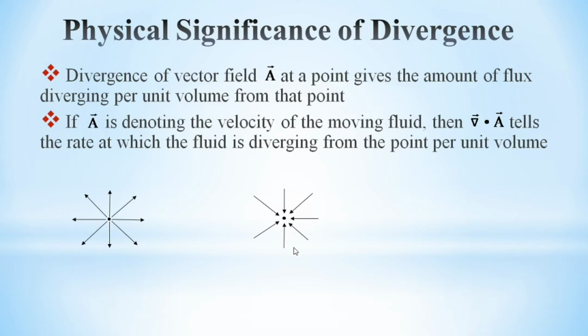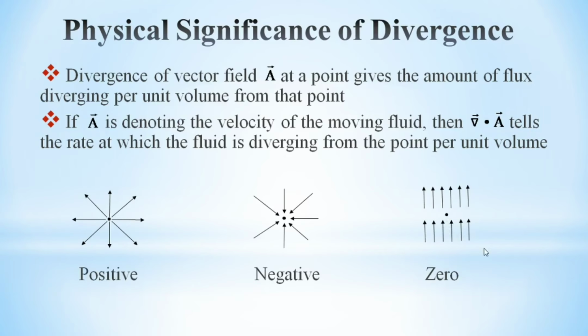This is called negative divergence, or convergence. In this picture, the flux lines are going upwards, and there is no relation between the flux of that field and this point. Therefore, it is called zero divergence.